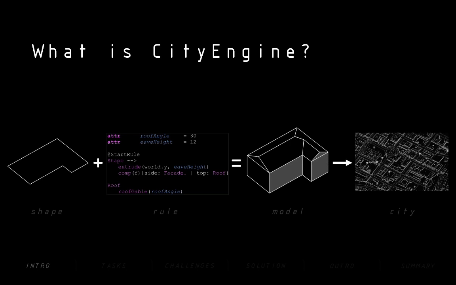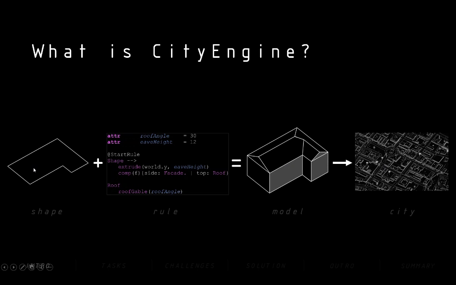So, what is CityEngine? CityEngine is a so-called procedural modeling application dedicated to the creation of three-dimensional cities. The basic principle can be explained relatively easily. With one shape and a so-called rule, a model is generated. And if we repeat this process lots of times, we create a city, basically.